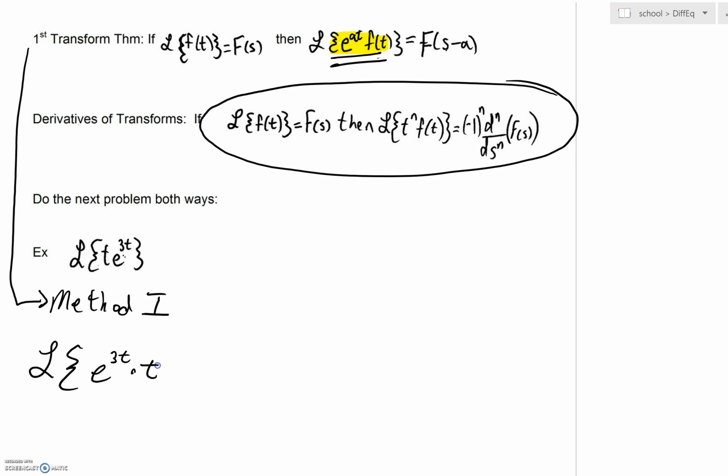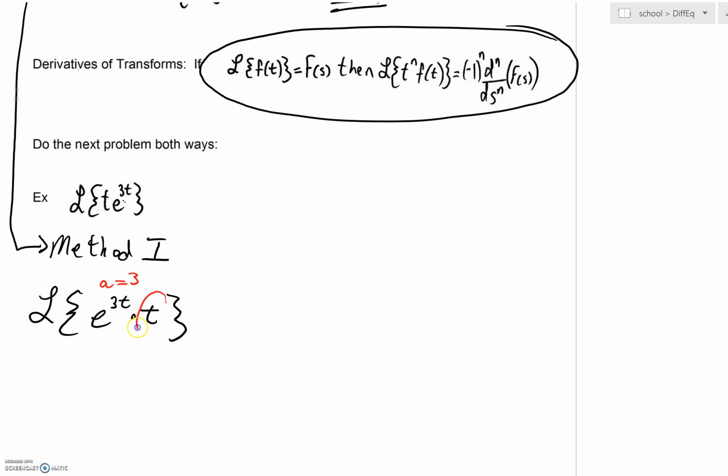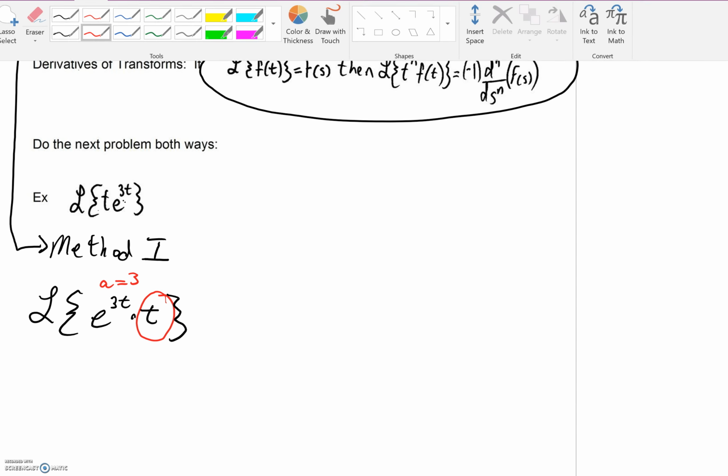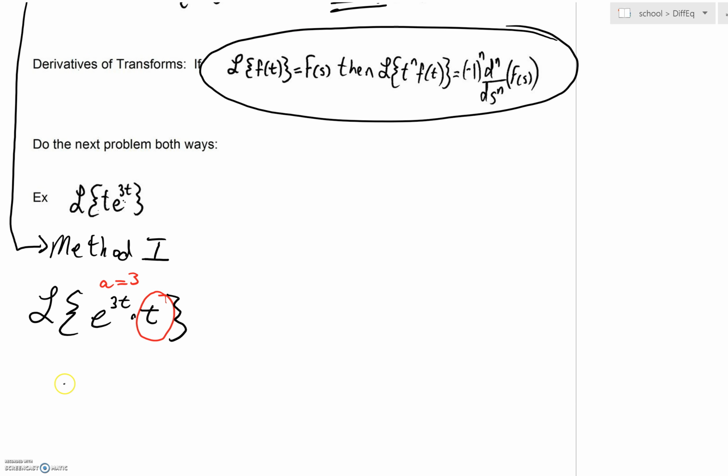This is how you did the problem when you first got into this a while back. So a would be 3. And what we're seeing is we could just do the transform on t. We'd say, hey, just do this transform on t, but s is going to move to s minus a. We're going to move that to s minus 3.